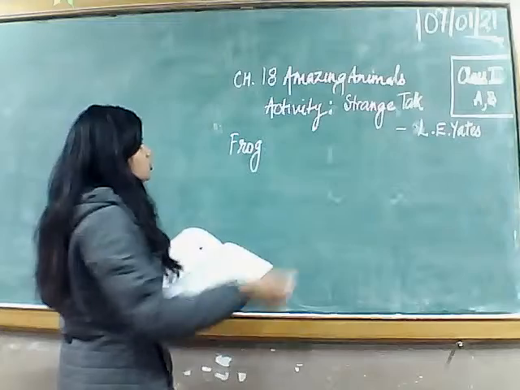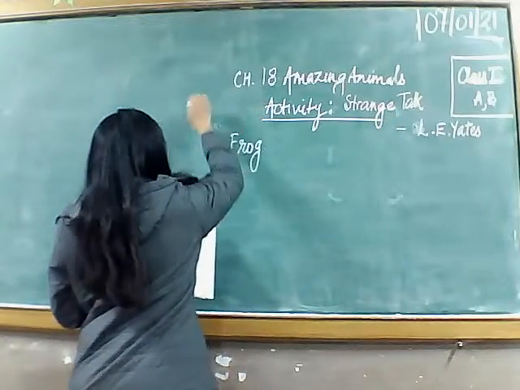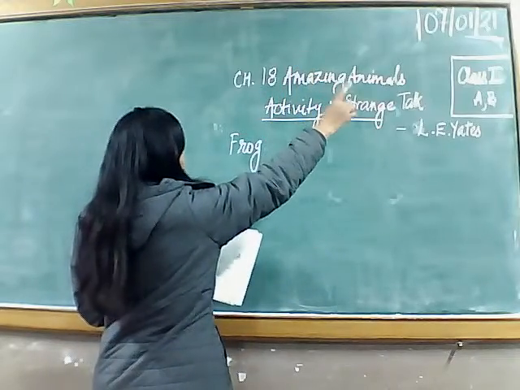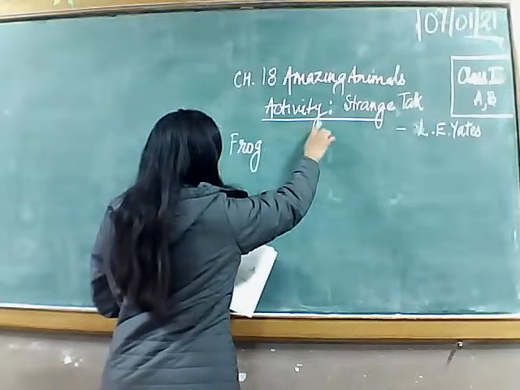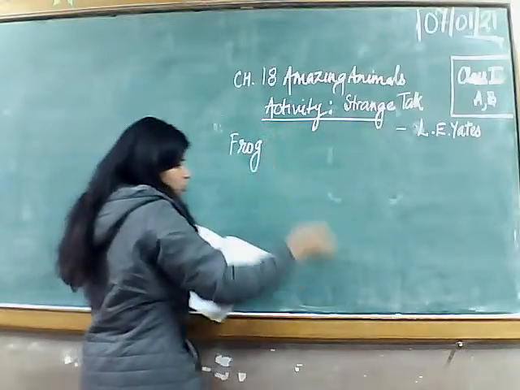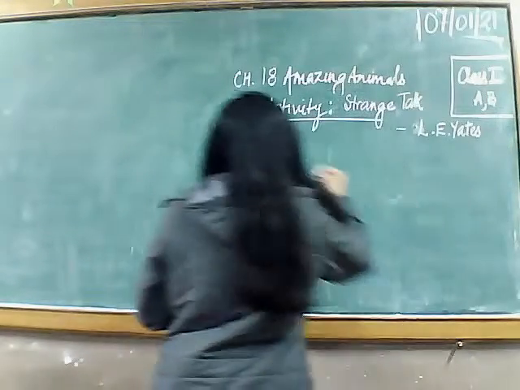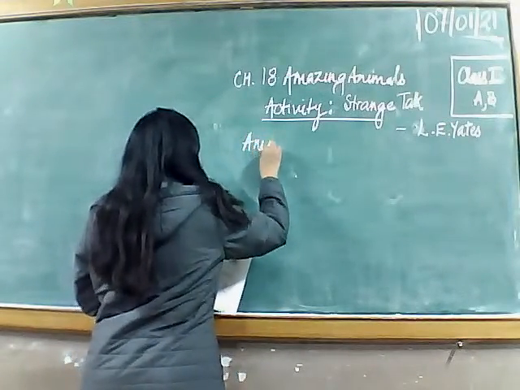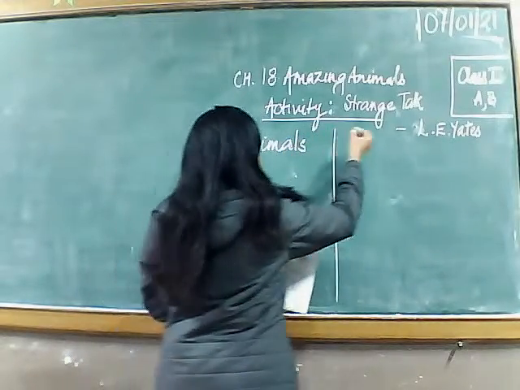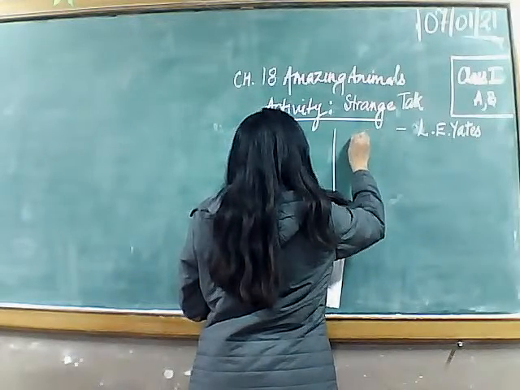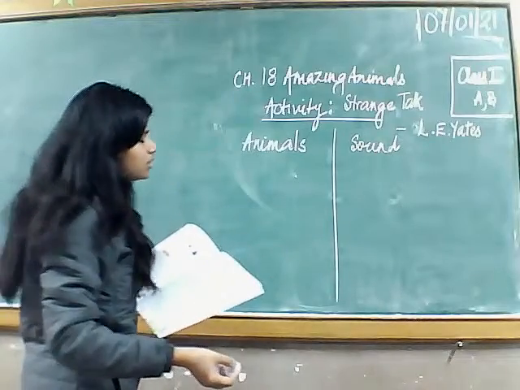Children, I want you to write the activity. Please do not forget to mention today's date, the name of the chapter, and then write in the heading: activity, strange talk. You will make a table and you will write animal and then their sounds, the sound that they make.